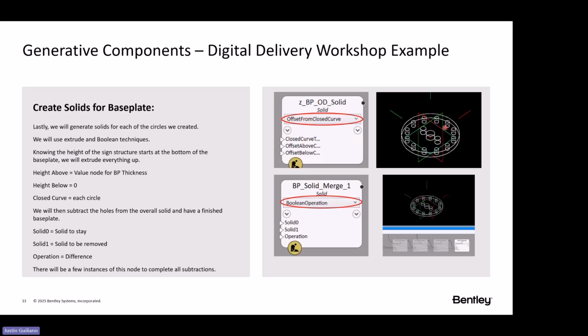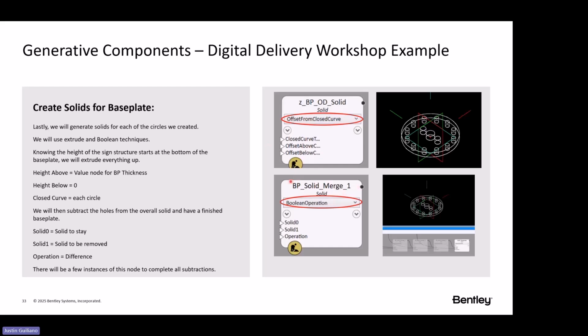It could be a polygon, a cone, or a circle; it's a whole host of nodes that you can facilitate this with. But basically, identify that object and then tell it to go above or below for your extrusion. So we used our value node for the thickness of our base plate, wired that into our height above, and for our height below, we just used 0. We only wanted to extrude in one direction.